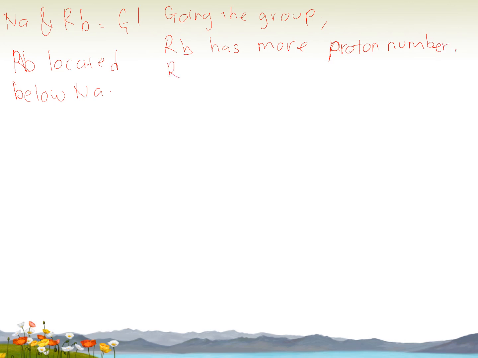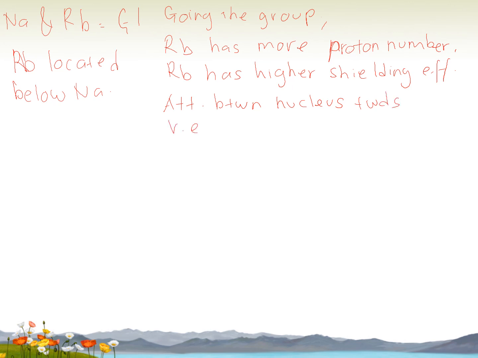When it has more proton number, rubidium has a higher, stronger shielding effect. Meaning the attraction between the nucleus and the valence electron is weaker, thus the size of Rb, or rubidium, is larger than sodium. So number 1, Rb is larger than sodium.